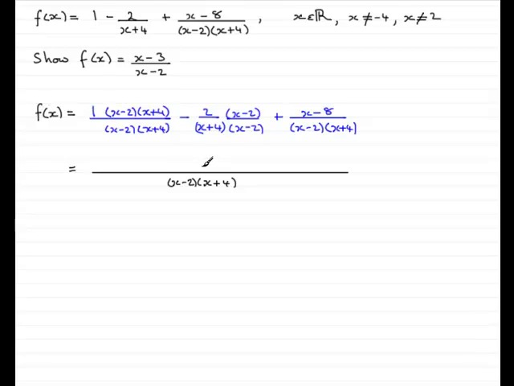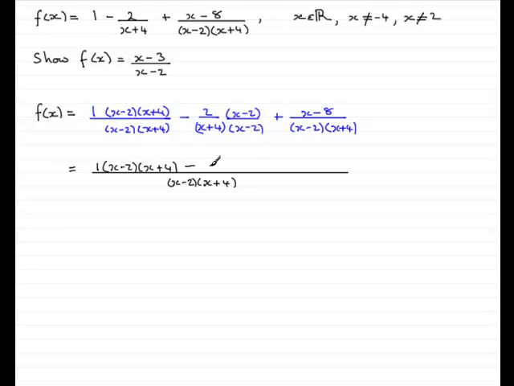And I would have said, well, this is 1 over 1. What do I need to multiply this 1 underneath by to get x minus 2, x plus 4? I need to multiply it by x minus 2, x plus 4. So I would have done 1 times x minus 2, x plus 4.